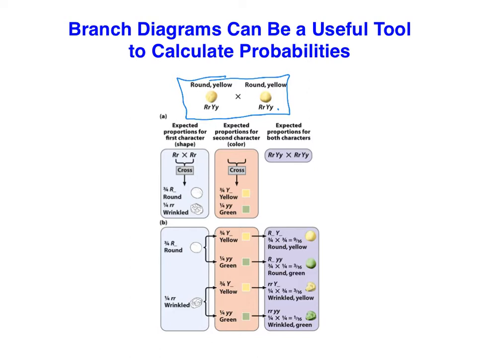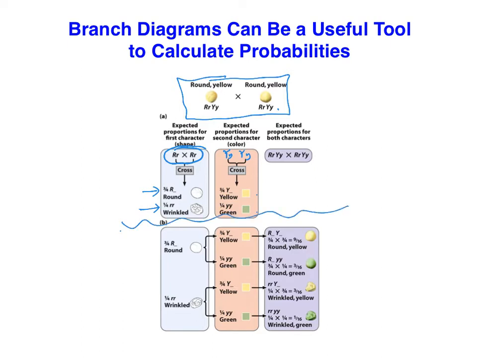Well, we can think about a single trait at once. So for example, the trait that comes from the R gene: 3/4 of the offspring will be round, 1/4 will be wrinkled. And the same is true for the Y gene: 3/4 will be yellow, 1/4 will be green.